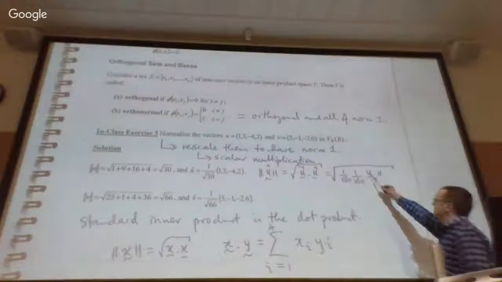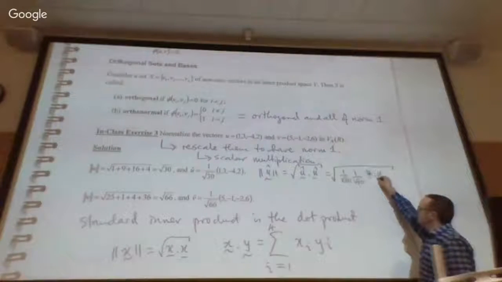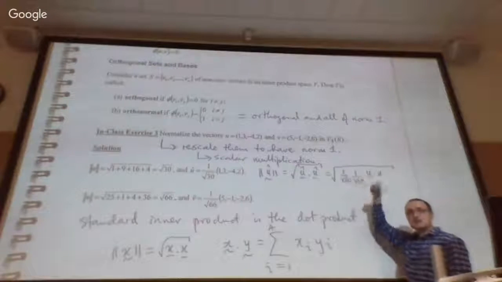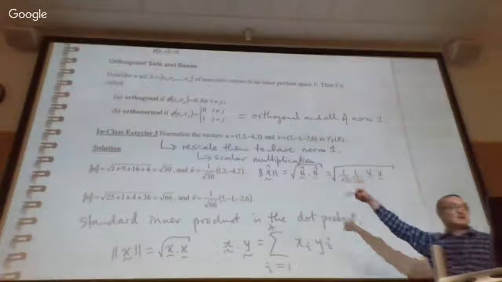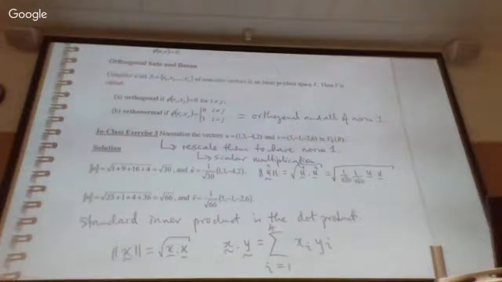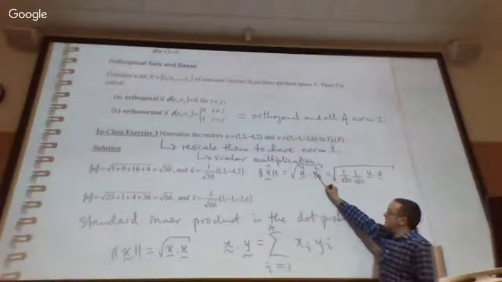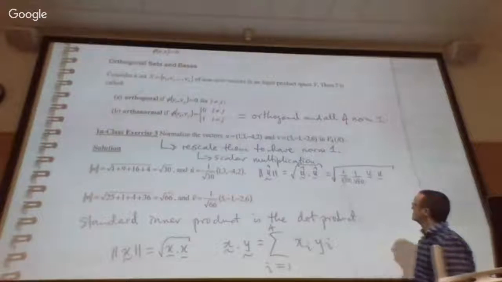Remember, if you have a scalar multiple on one of the arguments to a dot product, or indeed an inner product, that scalar can come out. That's because of the first condition of linearity. The second condition, symmetry, means it's linear in both variables. So there's a factor of 1 over root 30 there, and 1 over root 30 there, so they both come out.